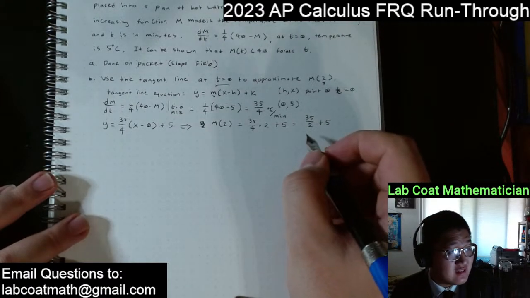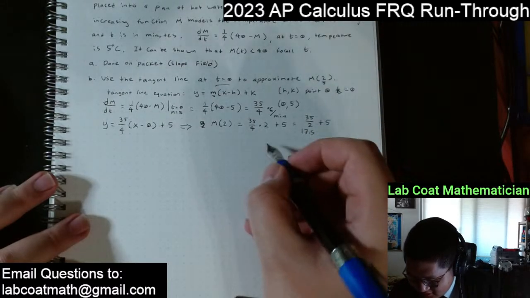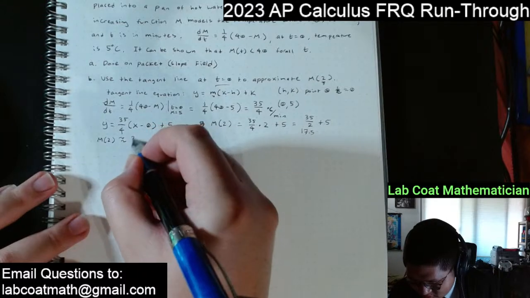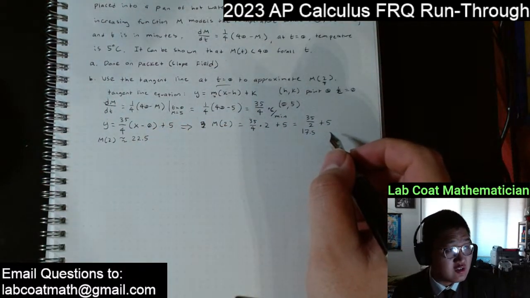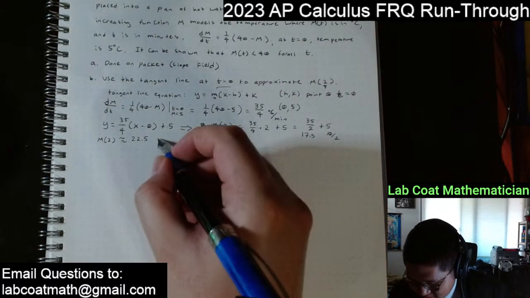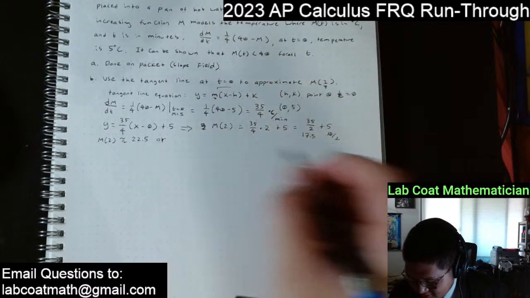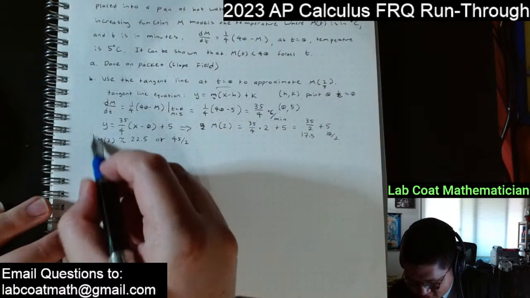If you want to make it a decimal, this is 17.5, giving us M of 2 being approximated at 22.5. Or if you want to leave it in fractions, 5 is 10 over 2, so it makes it 45 over 2, both of which should be fine.